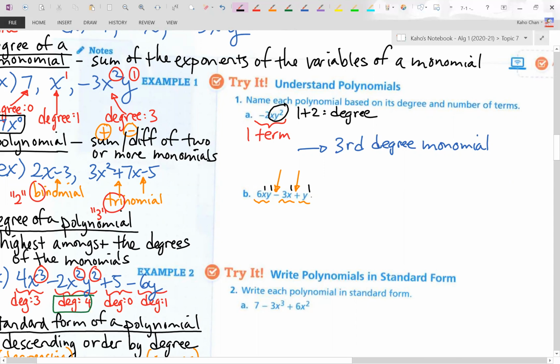The biggest one is the 1 plus 1, which is 2, which means this particular polynomial is a second degree trinomial. Pretty easy.